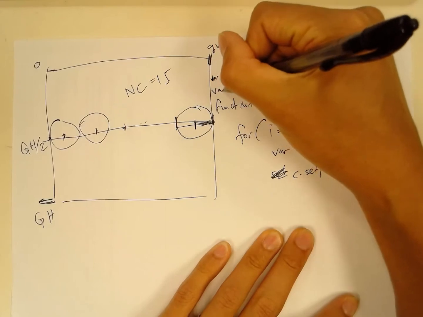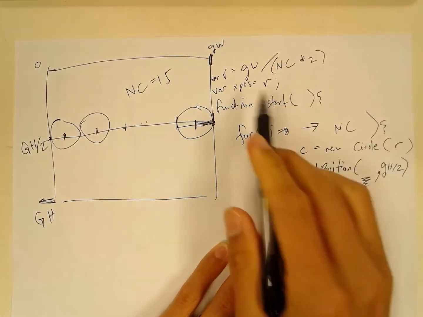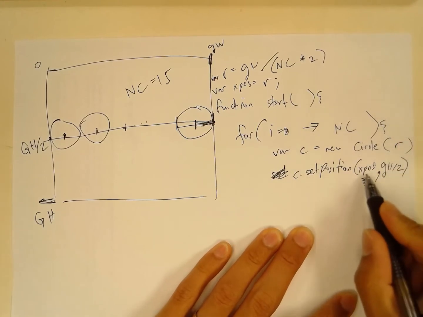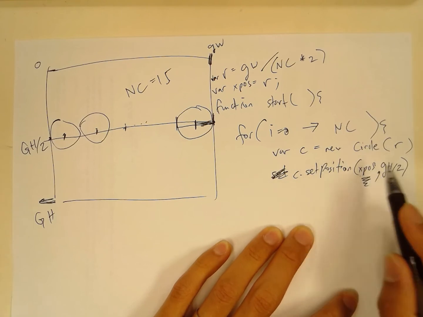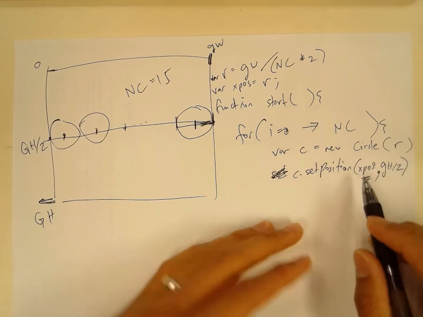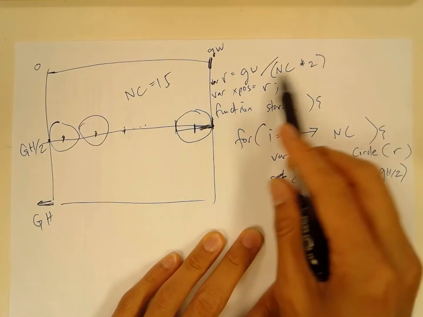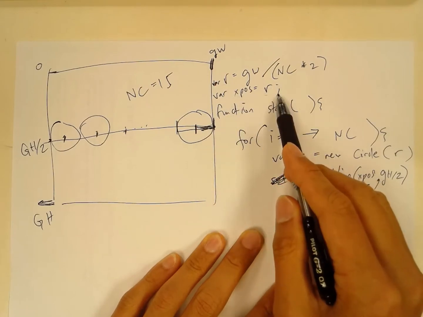So how does the counting variable work? Well, we're going to say var xpos is going to be equal to radius, right? Why? Because we're going to use this xpos variable as our first argument for set position. Set position takes the x position and the y position. So we start running our program. We come up here, we calculate radius, and then we set xpos equal to radius. And why?